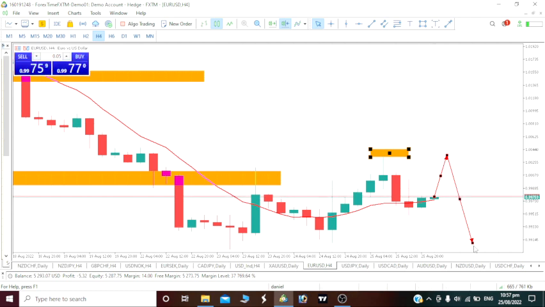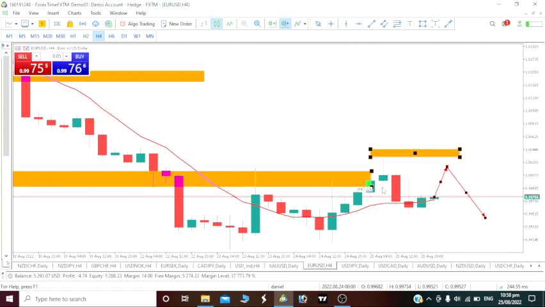And in case our price breaks above this key level we just highlighted, then we would most likely see a pullback here and a continuous movement upward on our Euro USD. But I don't believe that will be happening. I still believe we will have a little bit of a rally movement upward and a drop on our Euro USD. That is on our 4-hour time frame. We can't really predict. So let's take this key level here.